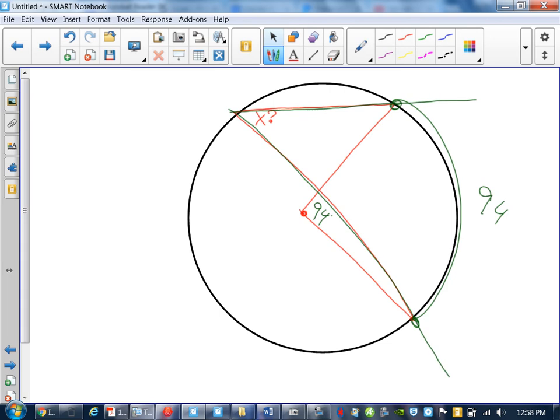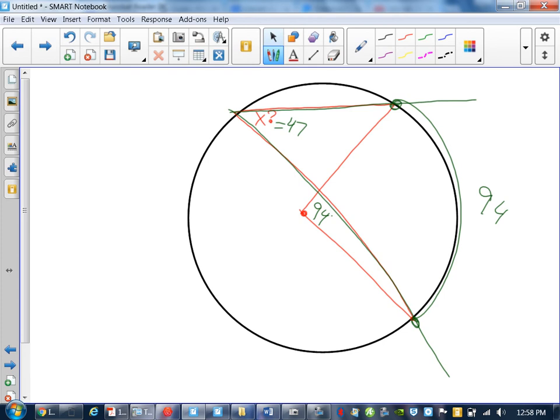Which means that angle is going to be how much? Half of it. So half of 94 is 47. So it's not that you're just going to say, oh, my angle lies on here and that gives you the answer. It'll make you take an extra step to get there. Okay? That's all. It just makes you take an extra step.